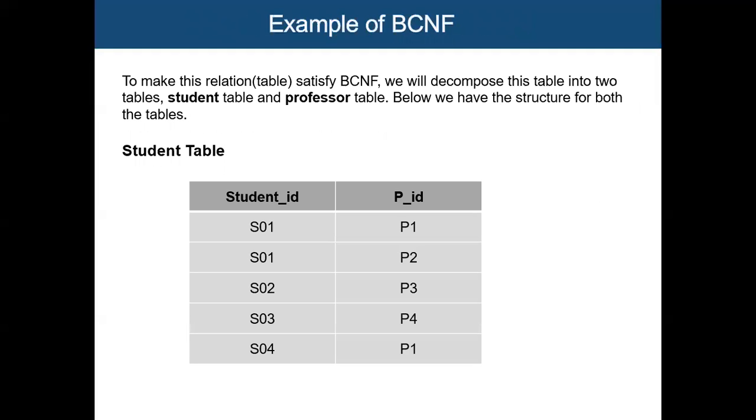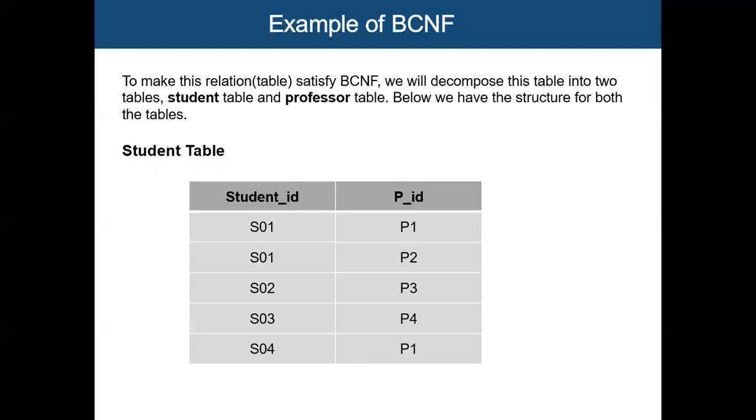To make this relation satisfy BCNF, we will decompose this table into two tables, a student table and a professor table. Below is the student table. In the student table there are two fields, student ID and PID, or professor ID.